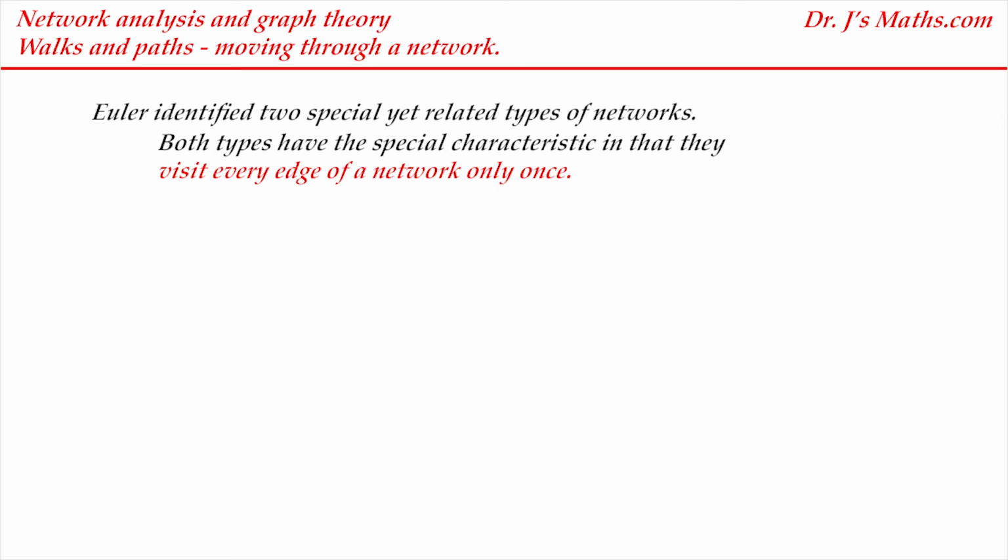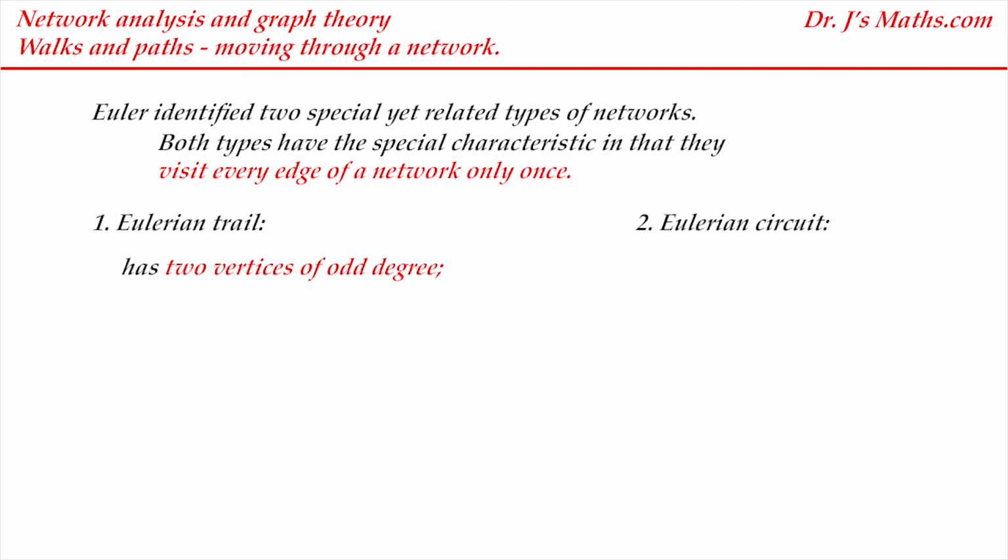We have two different sorts of Eulerian networks. One is the Eulerian trail, the other is the Eulerian circuit, and they use the definitions that we provided earlier. The Eulerian trail has two vertices of odd degree, and the trail starts at one odd vertex and finishes at the other.